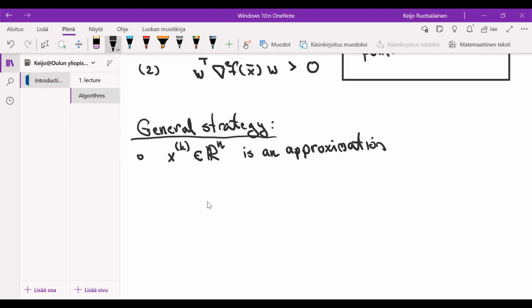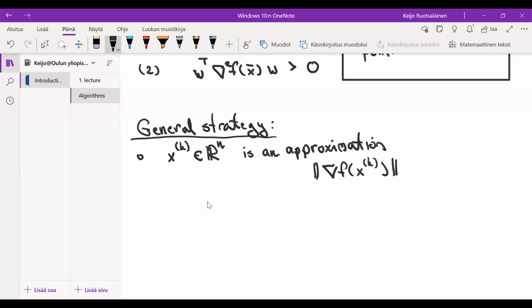We have a knowledge that the gradient of f at the point xk, the norm, whatever norm, so the length of this vector, is not 0.